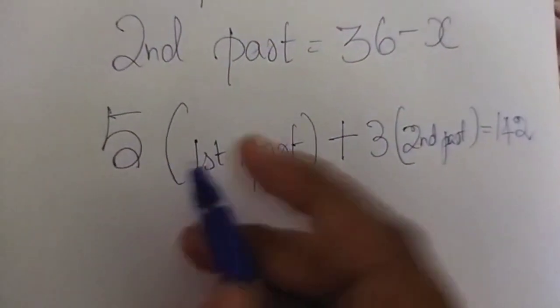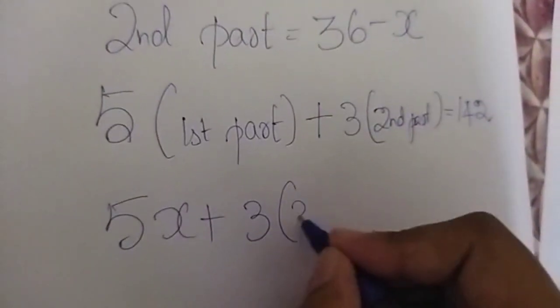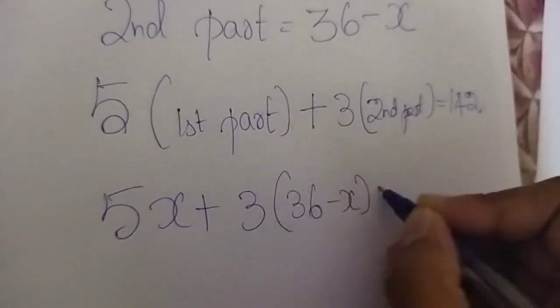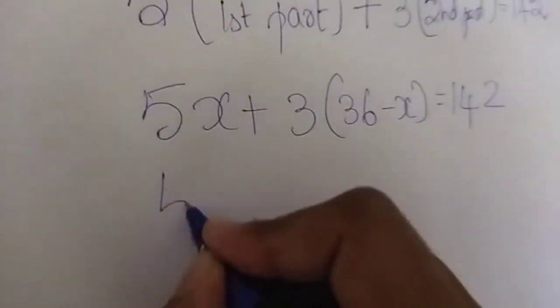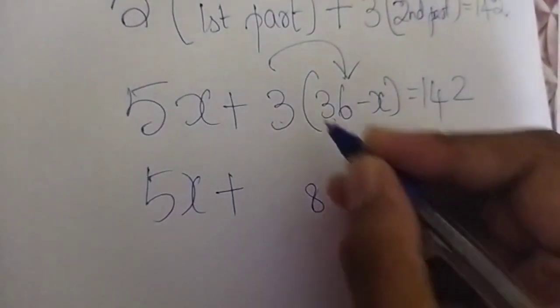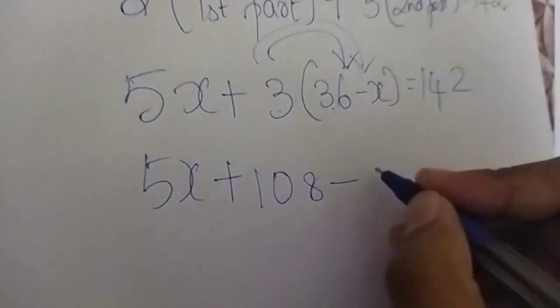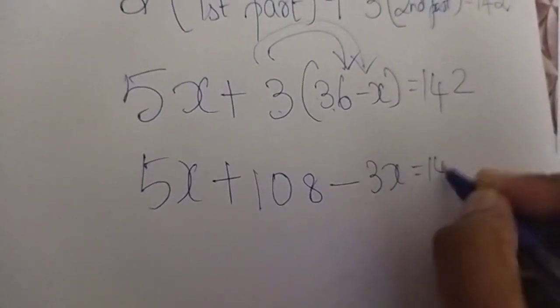What is first part? x. Plus 3 times second part, that is 36 minus x, is equal to 142. 5x plus 3 into 36, 3 6s are 18, 3 3s are 9 plus 1, 108. Minus 3 into x, 3x, is equal to 142.